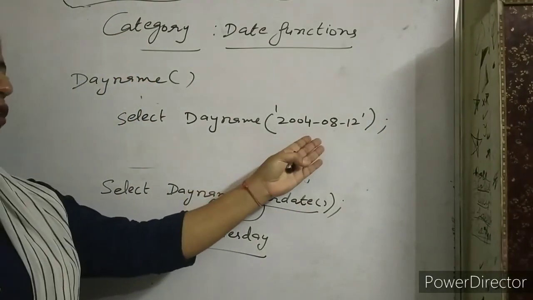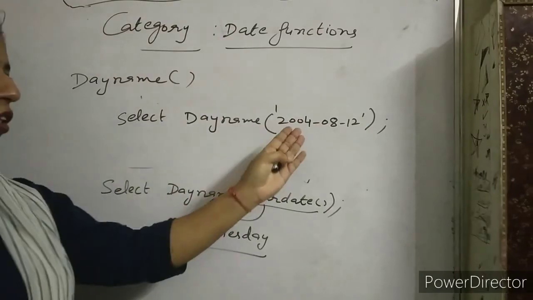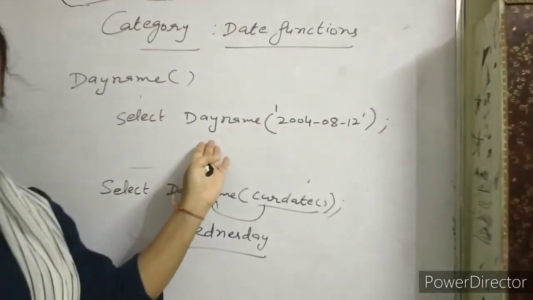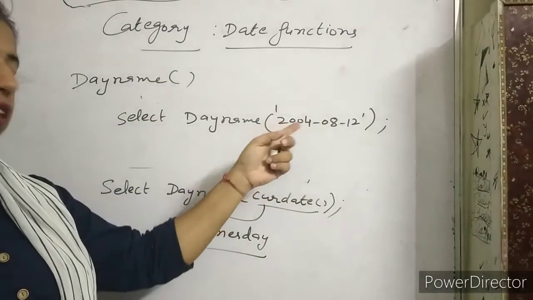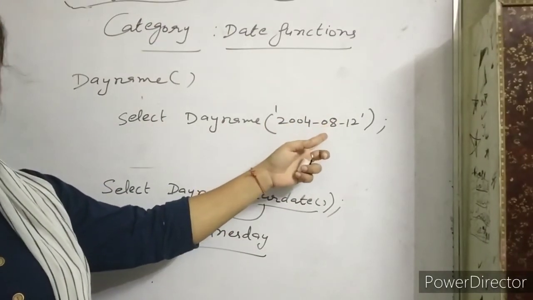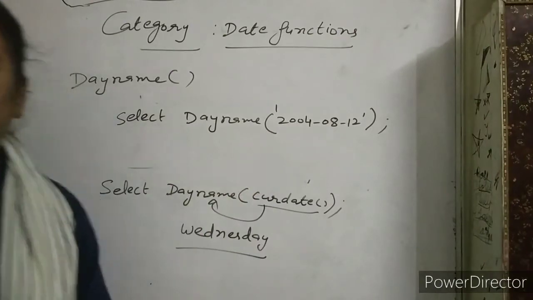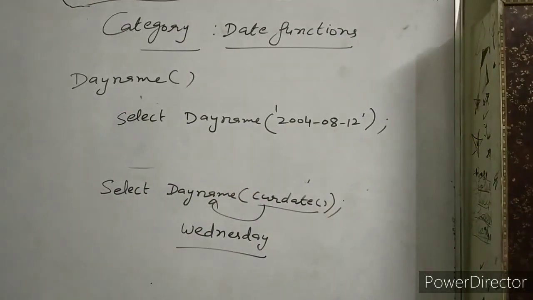You want to find out what the day name is on that date. You can find out with the help of this day name. Clear? What date is it? 12th August 2004. You know the date, but you don't know what the day name is on that day. So you can easily find out with the help of this function. I don't know what the day name is on 12th August. You can check in a calendar. Clear?